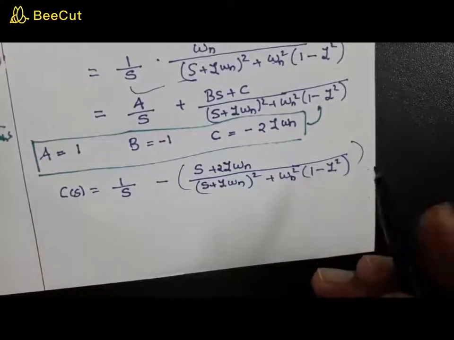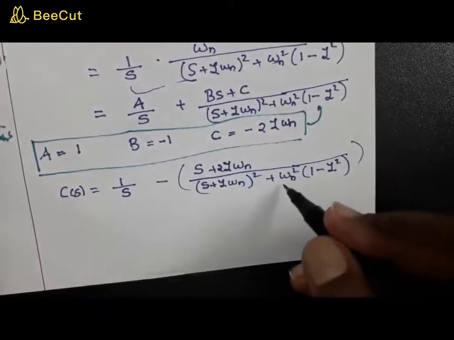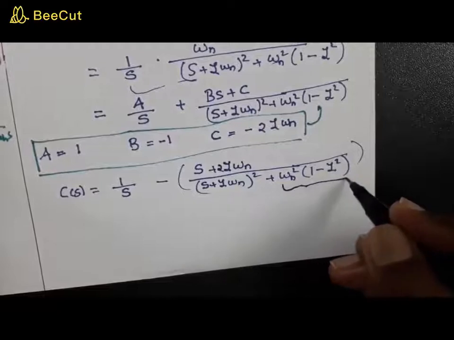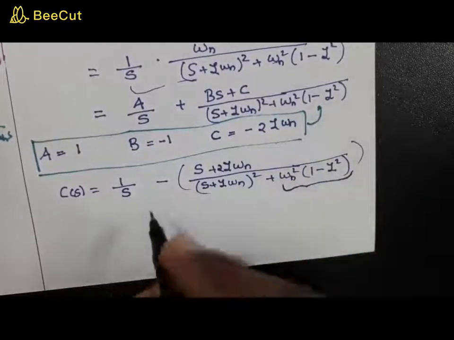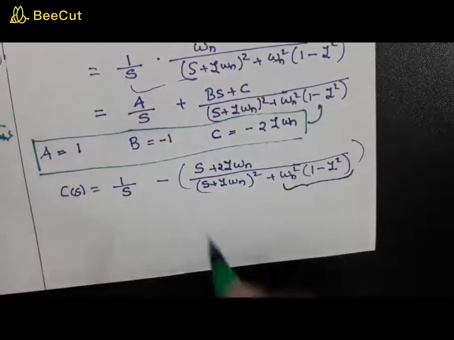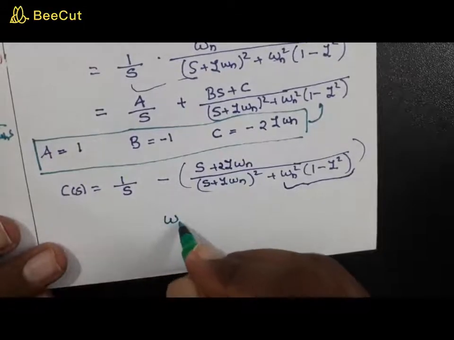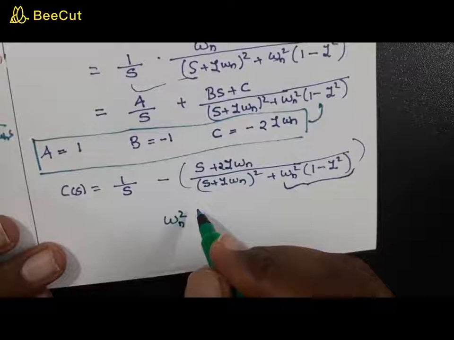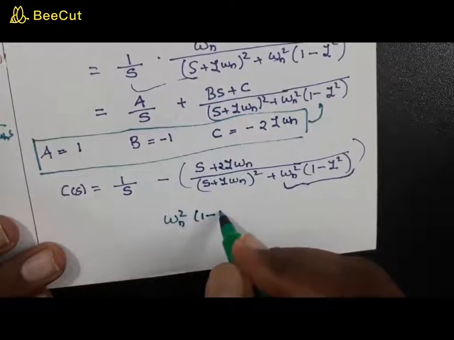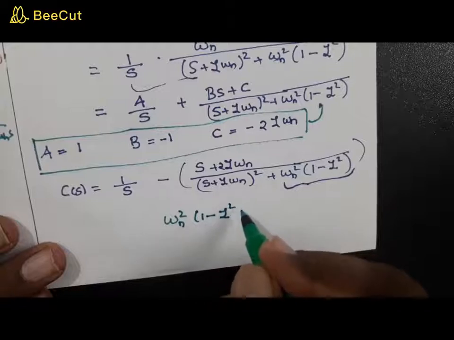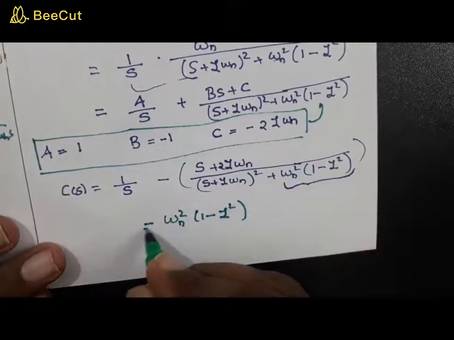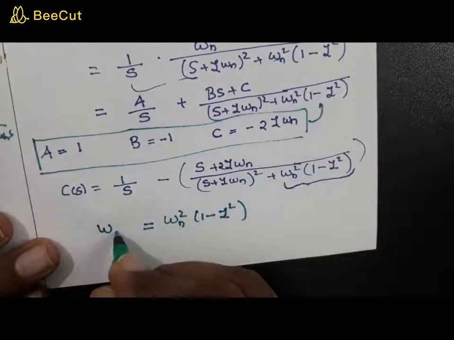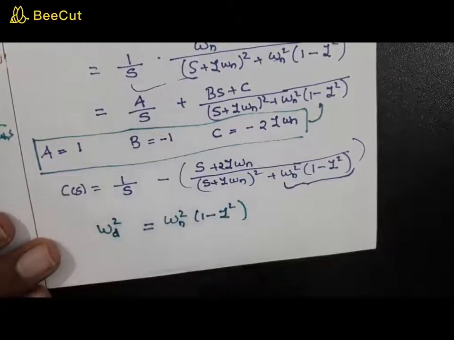Now from this, I am going to introduce one more term. I am rewriting this again, this term omega n square into (1 minus theta square), and I am calling this omega d square.